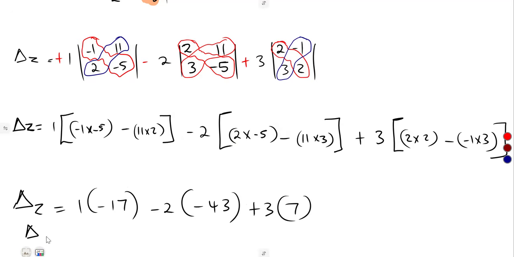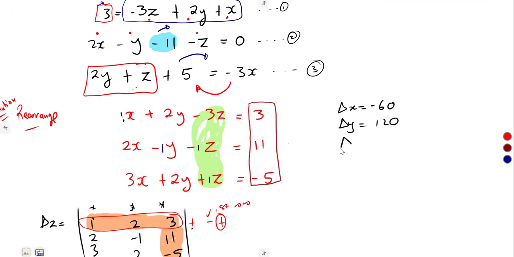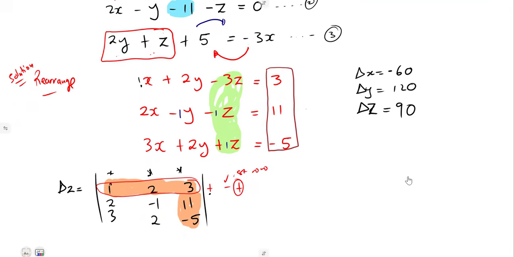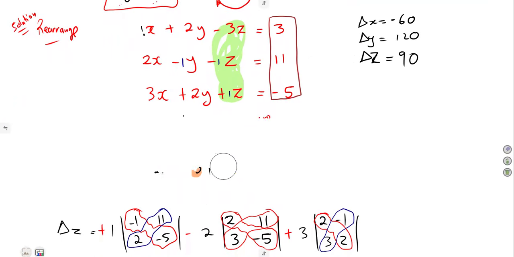So if you evaluate everything on your calculator, that is going to give you a positive 90. So that's the determinant with respect to Z: positive 90. And the last one is of the coefficients now, our delta naught.